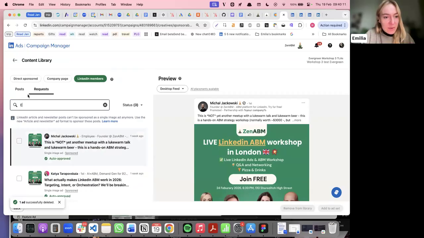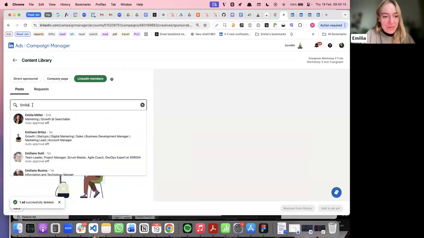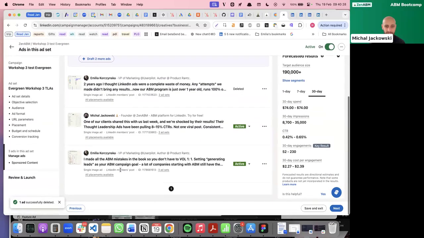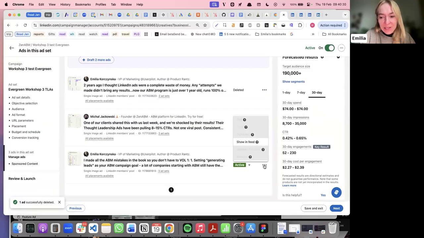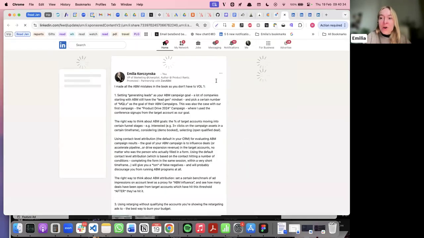Yes, I will look. The problem with me is that I have a lot of posts. Yeah, but you can open that specific post, I think, from the previous screen. There was a button, show in feed. I assume it opens like... If I show it in feed, it just literally shows it in feed. There is no button to edit.